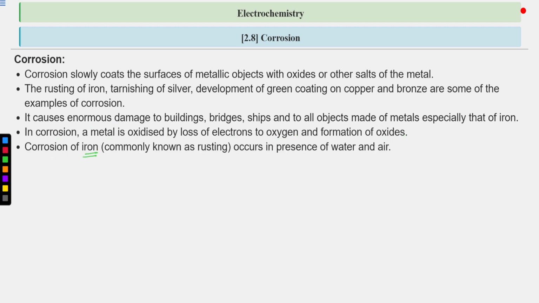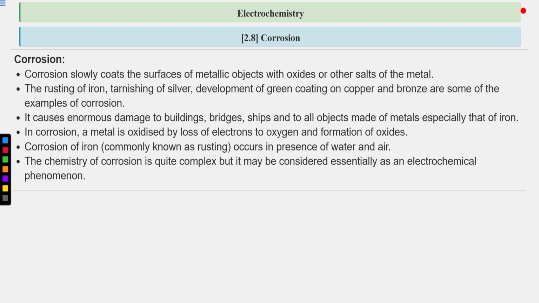Corrosion of iron, commonly known as rusting, occurs in the presence of water and air. If the surface of the iron comes in contact with water or air, the corrosion process will take place.